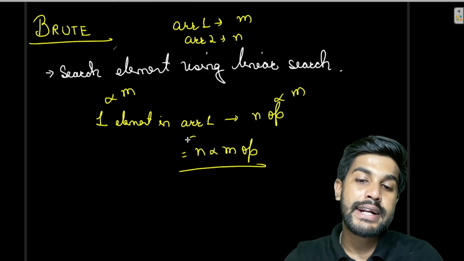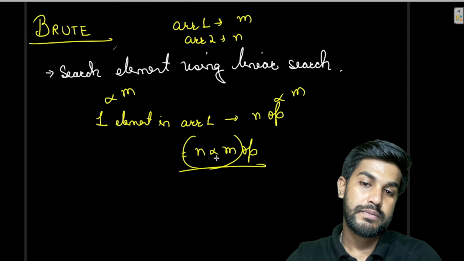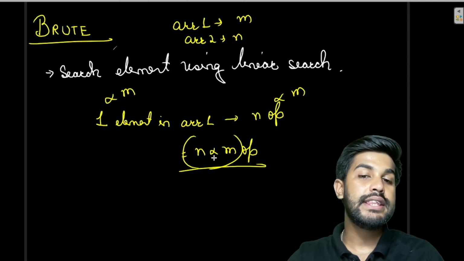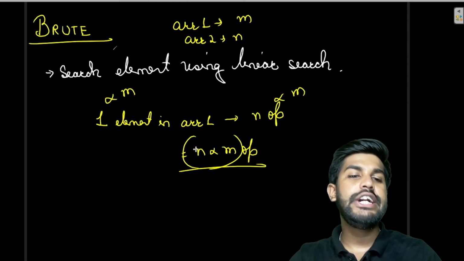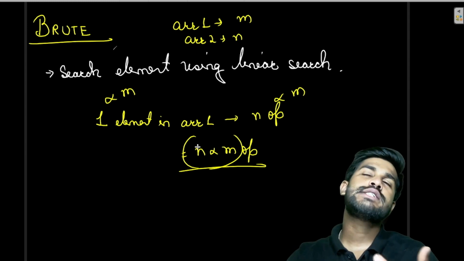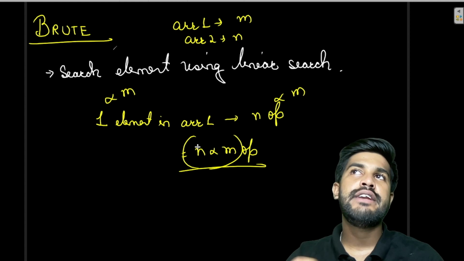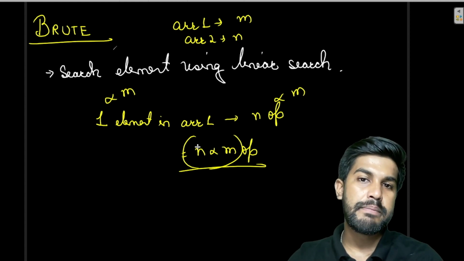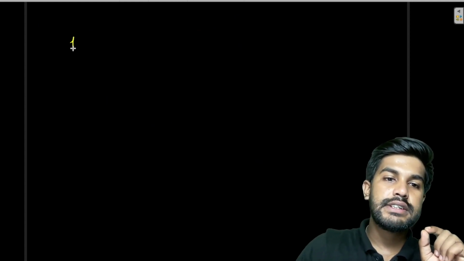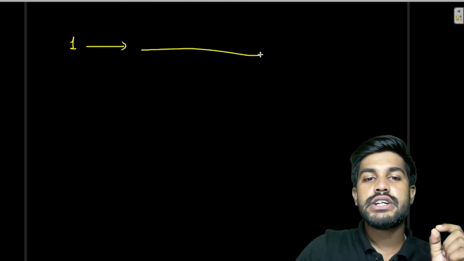So can we do better than this or not? Yes, we can do better than this. So at what point do we need to do better? Like, what are the steps we are doing? Let's consider. First, we are selecting the element. Then we are searching for the element. We are getting the first element and then we are searching the whole array.